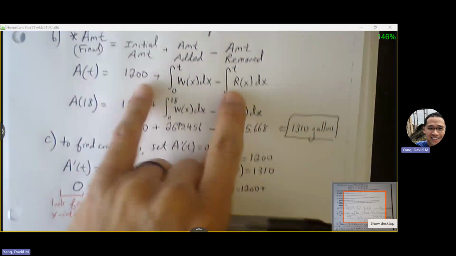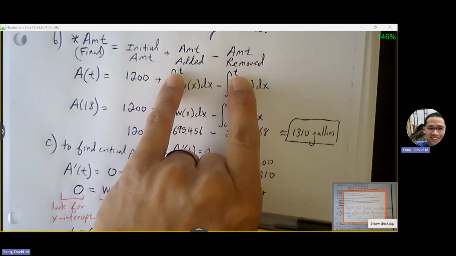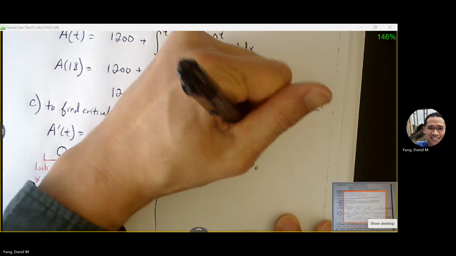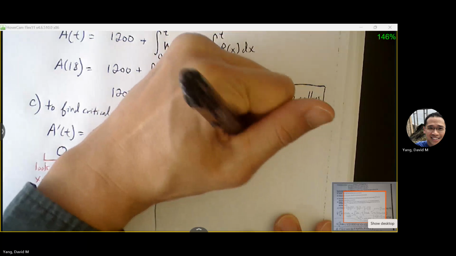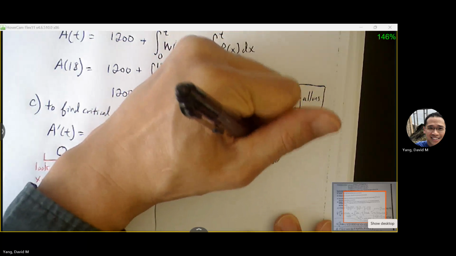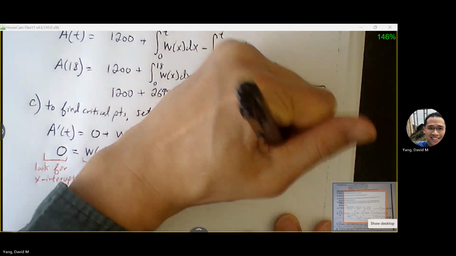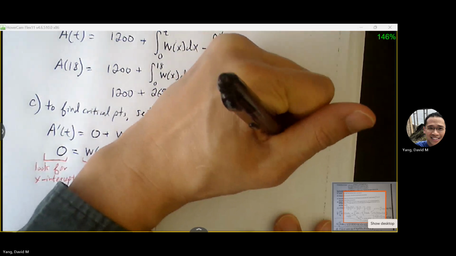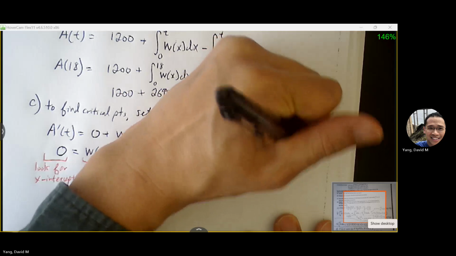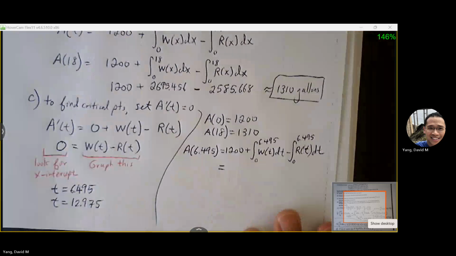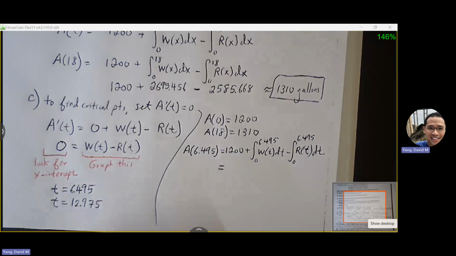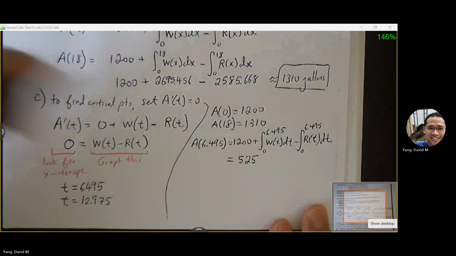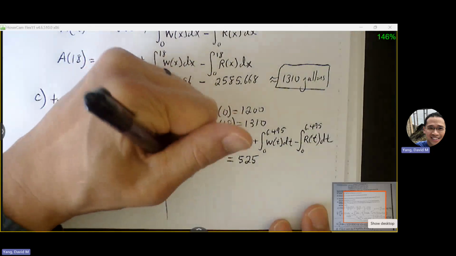We're just following this formula here, replacing my upper bound with 6.495, both of these. That should get us to 525. We do the same thing for the 12.975 hour, the other critical point.